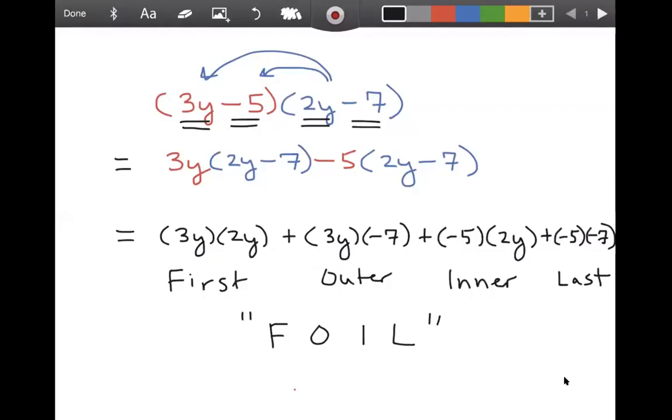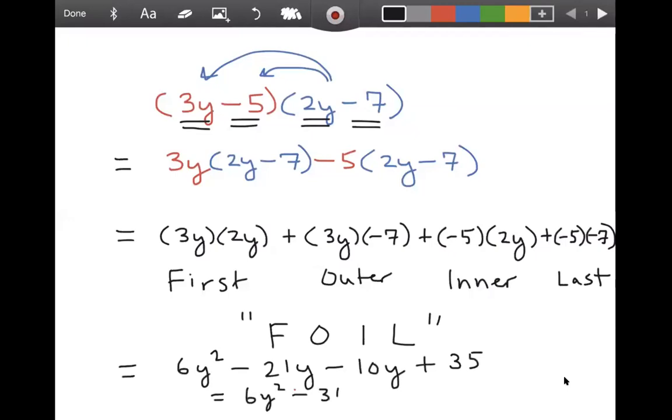Okay, so just like if you use the distributive property, when you use FOIL, you end up with 6y squared minus 21y minus 10y plus 35. And of course, we're going to combine the like terms. So our final answer is going to be 6y squared minus 31y plus 35.